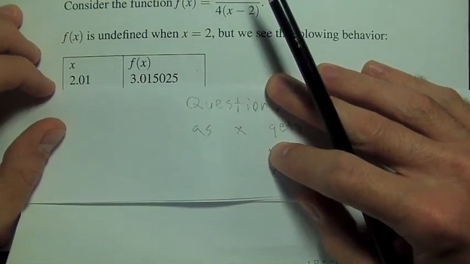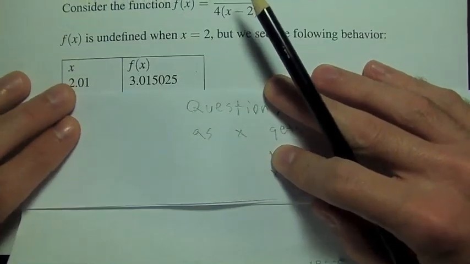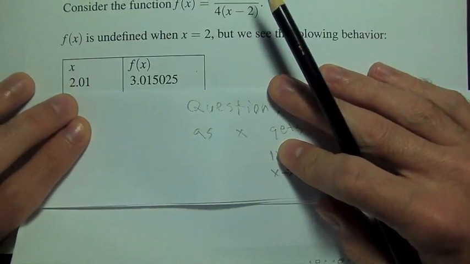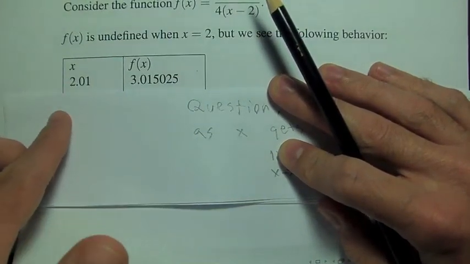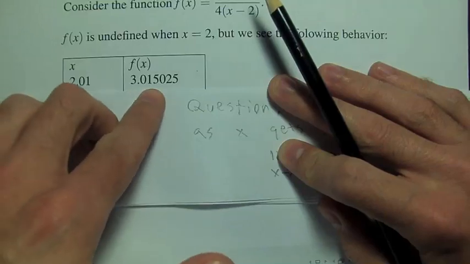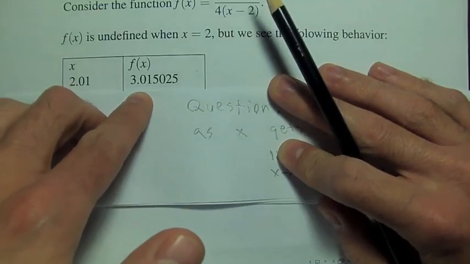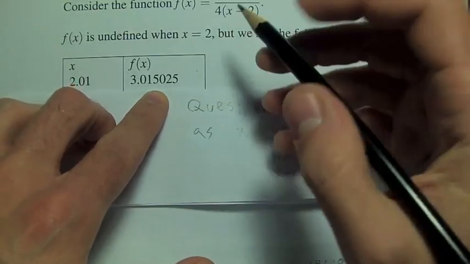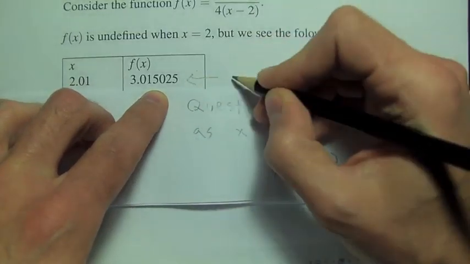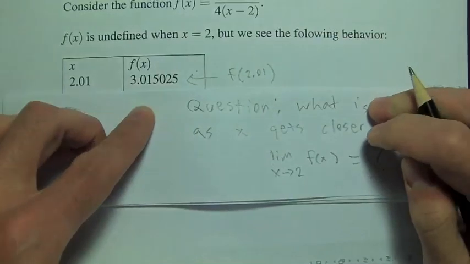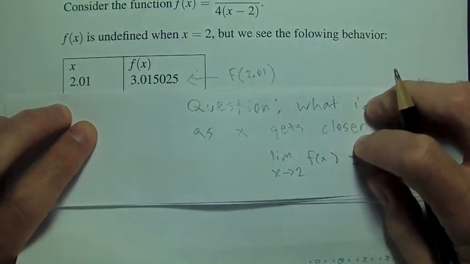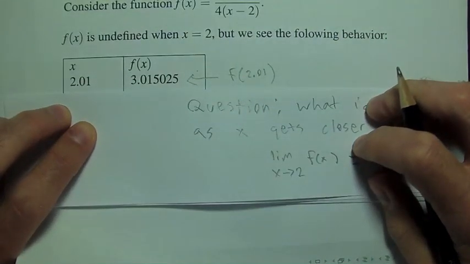That's really close to 2, I'm sure you would agree. When x is equal to 2.01, f is equal to 3.015025, as you see. And keep in mind that this is f of 2.01.